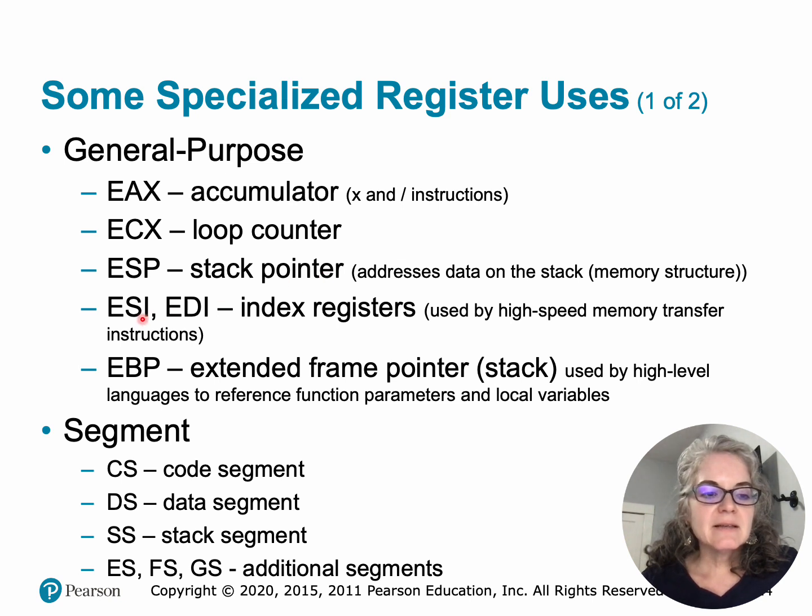Then we have the index registers. They end in I, and they're used by the high-speed memory transfer instructions. And then EBP is the extended frame pointer. It's used by high-level languages to reference function parameters and local variables.